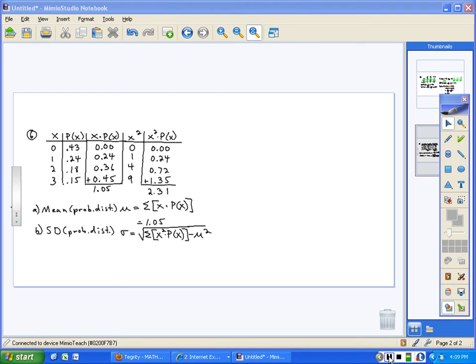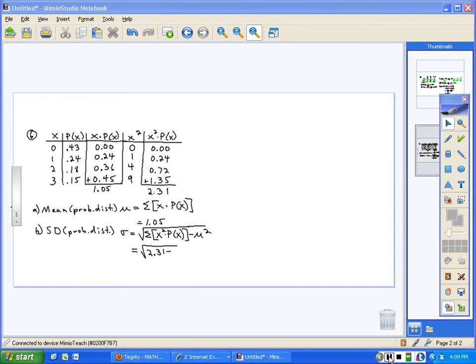The summation x squared times p of x means they want the total of the x squared times p of x column. So that is 2.31, and then minus mu squared.